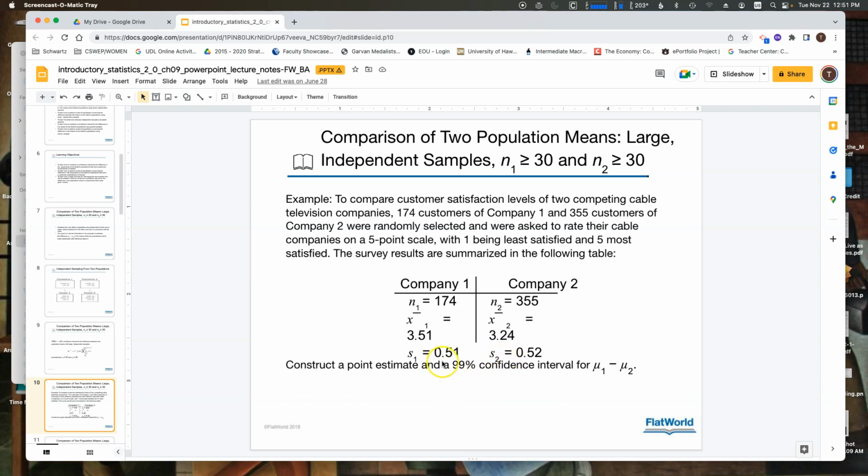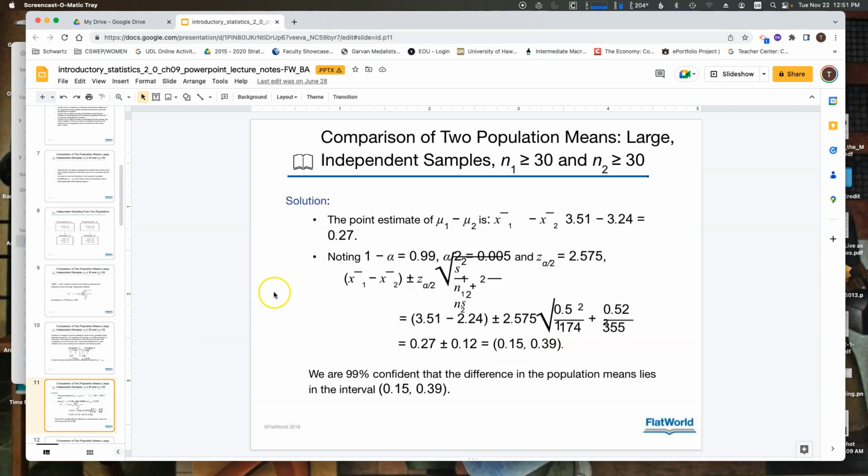And we have a variation of 0.51 and 0.52. Now we can obviously see that these mean values are different, but we need to determine what the 99% confidence interval will be for that difference. So let's start to set that up. None of this is really coming out here, but don't worry, I'll rewrite this out.